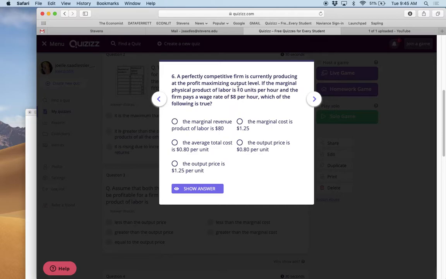If the marginal physical product is 10, so 10 times what equals 8? 80 cents. So the price of the item is 80 cents a unit, because 80 cents a unit times 10 units gives you $8, which is how much you're paying the workers. The output price is 80 cents a unit.